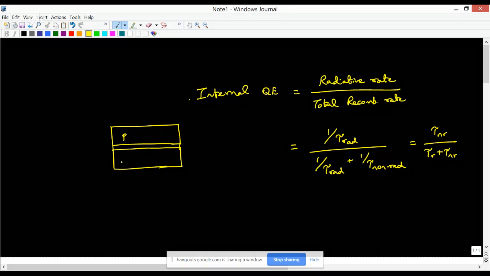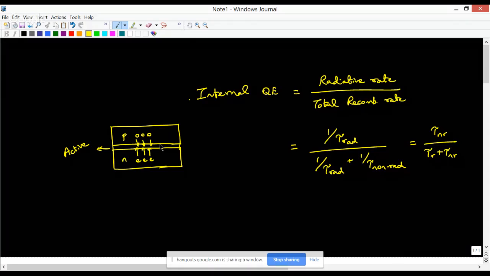So you have a p-type and an n-type semiconductor, and then you have this active region which typically has a lower band gap energy compared to the p and n region. So you essentially have holes that are injected from the p region and electrons that are injected from the n region, and they come to the active region, which is lower band gap energy material.